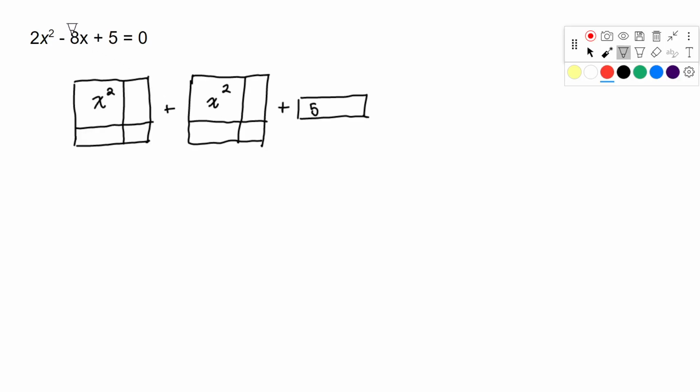So that 8 divided by 4 is going to be a negative 2x in each of those spaces. 4 times negative 2 gives me that negative 8x. So that means each side of each square is going to be x minus 2.